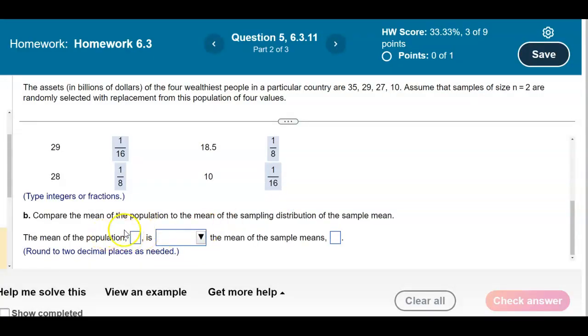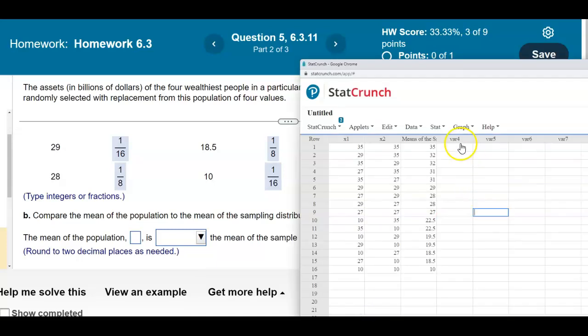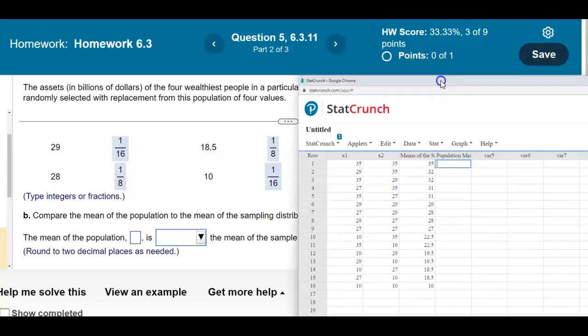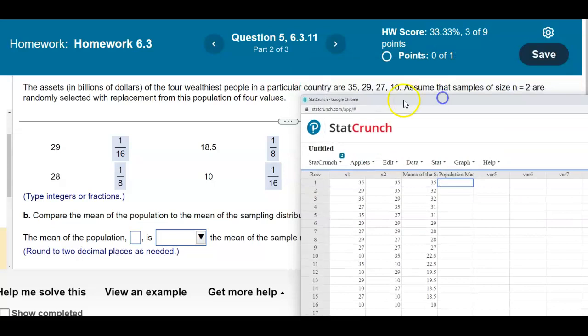Now it says compare the mean of the population to the mean of the sampling distribution of the sample mean. Let's do that. We're going to create a column and call it the population mean, and put in our values: 35, 29, 27, and 10. We want to find the population mean for that.